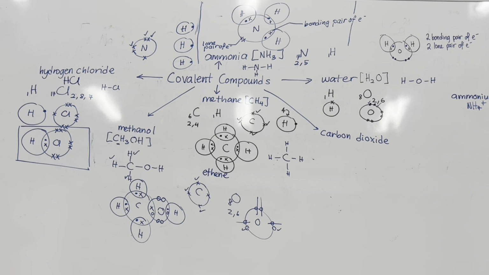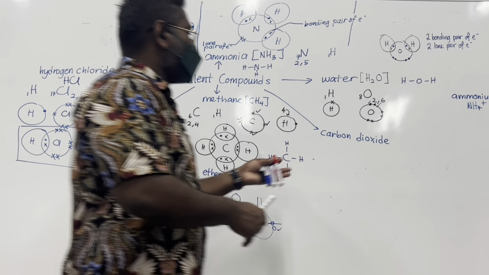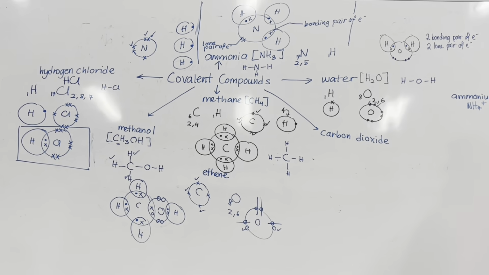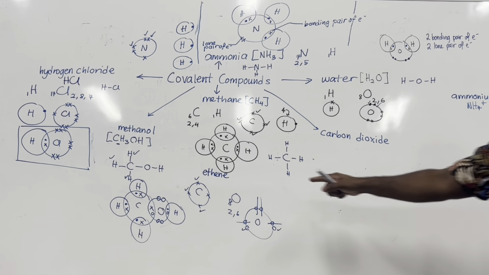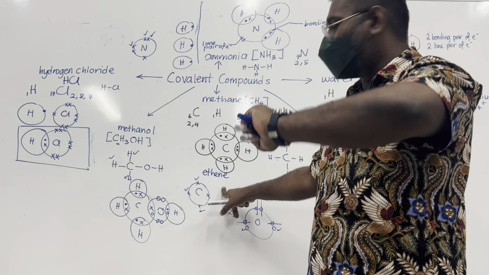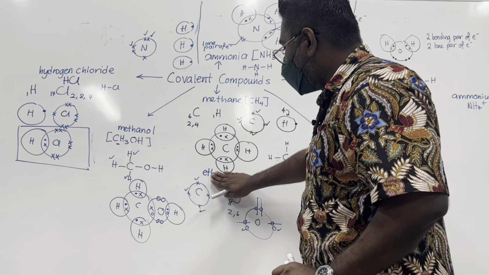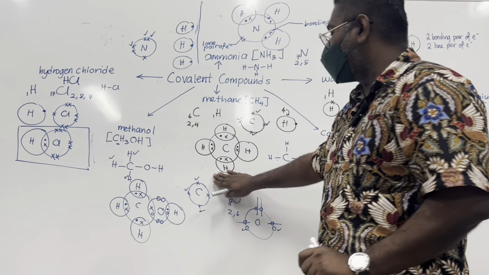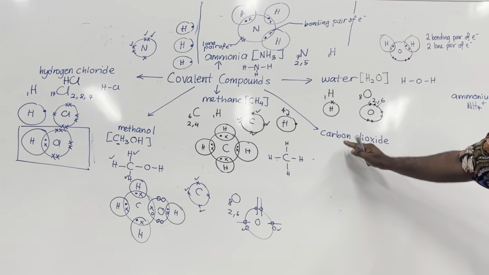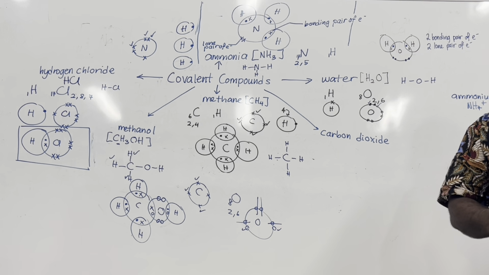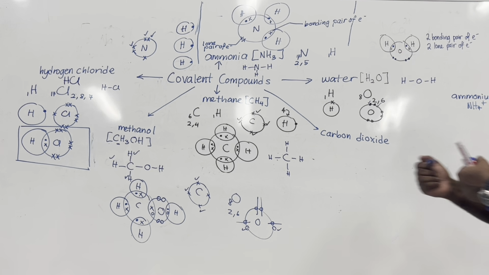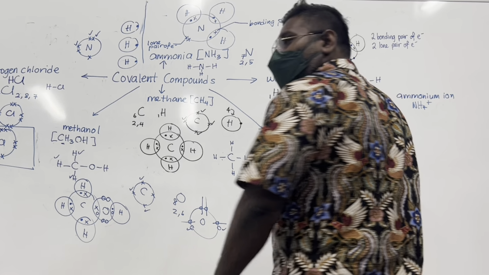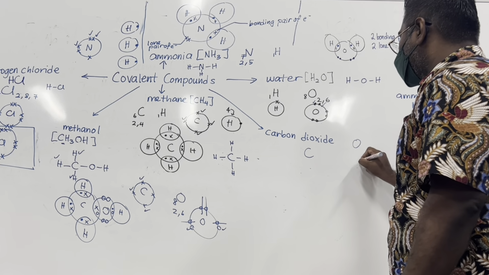Let's have a look at the last one. Not the last one, I actually wanted to show the ethene as well, but ethene can wait. No need to show it now. Carbon dioxide. Let's look at how we have carbon dioxide. Carbon dioxide means there are 2 oxygen.